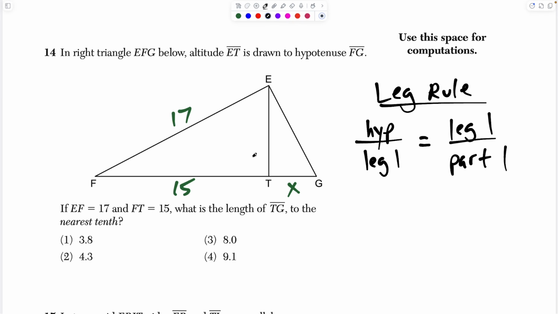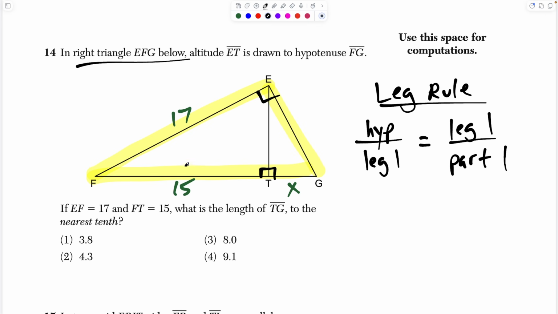The hypotenuse refers to FG, the big right triangle. Just know the leg rule and altitude rule only activate when you have a right triangle to start, which we know we have because they told us in the beginning, and they drop an altitude from the right angle to the hypotenuse. Then you can use the altitude rule and leg rule. You can't use them whenever you want, but in this case, we can use both.